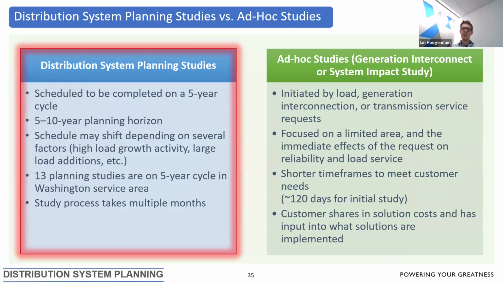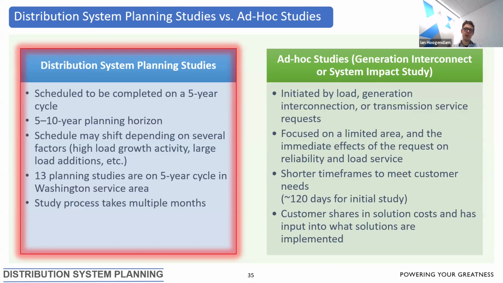For the advancements that we're talking about for distribution system planning in Washington, it will add some time to complete these studies because it adds an additional layer to work with the communities to identify the potential for those non-traditional solutions.